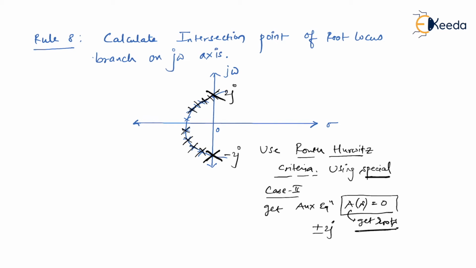So in this rule 8, if you want to get an intersection point of a root locus branch on the j omega axis, the only process is to use Routh-Hurwitz criteria, apply special case 2, get the auxiliary equation, equate it to 0, and solve it and get the roots. Those roots are nothing but the intersection points.